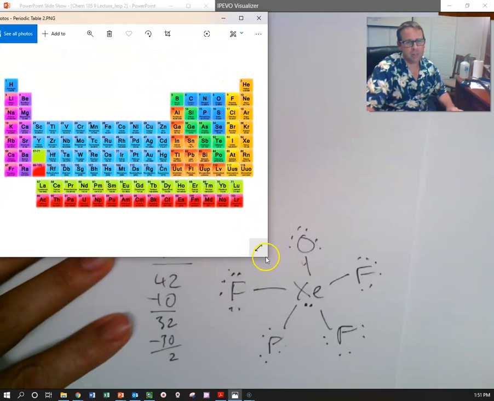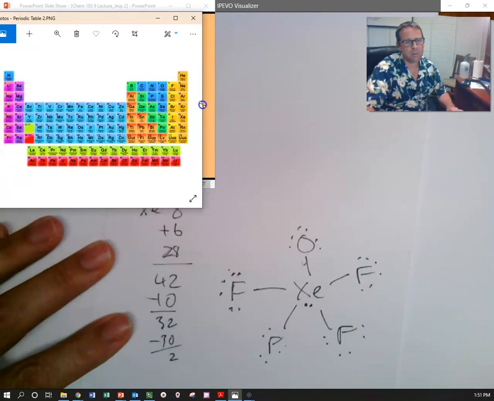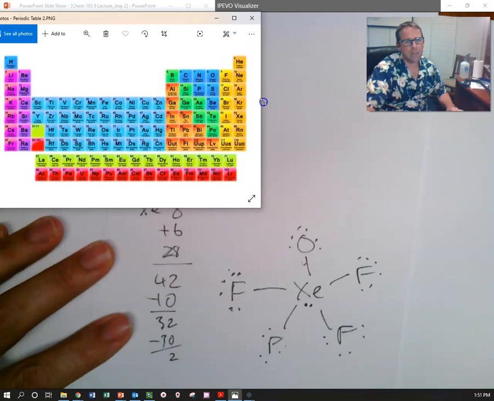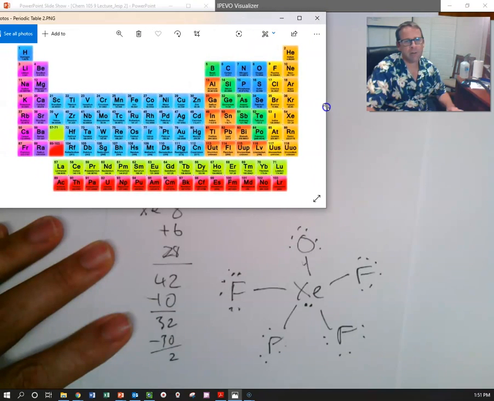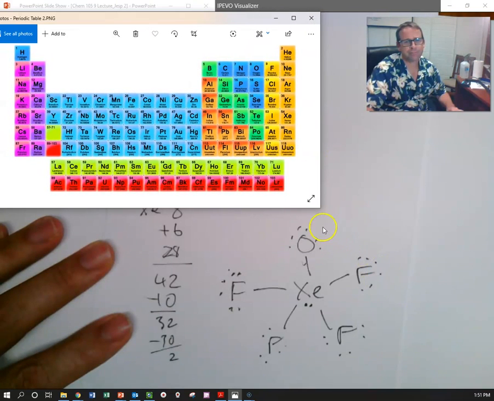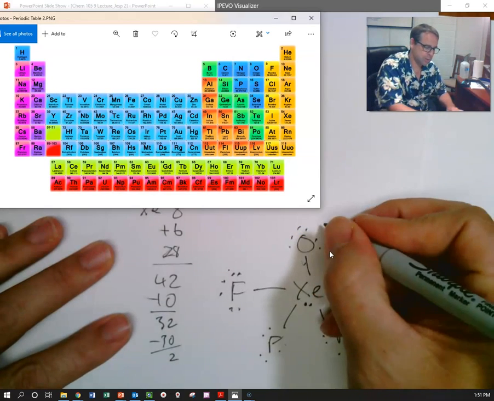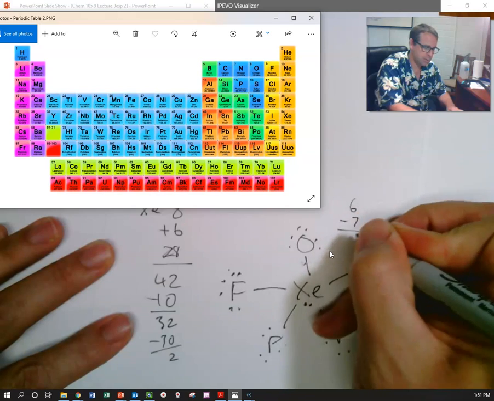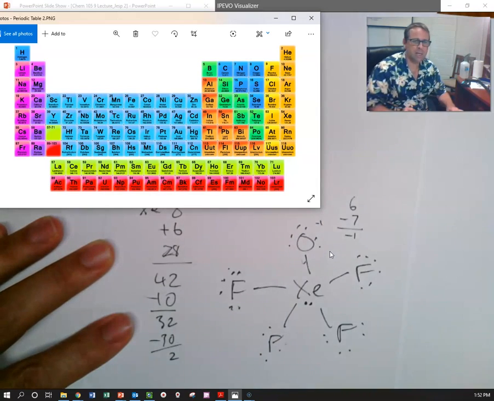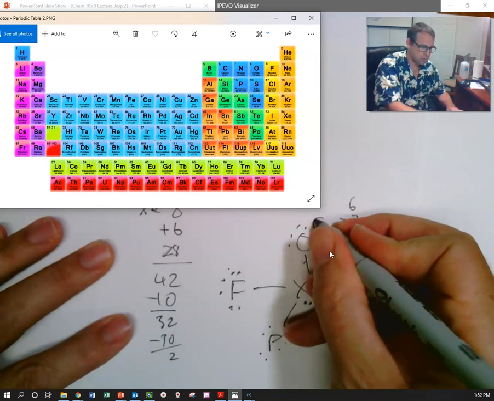It brought 6 to the party, right? Because it's in the 6th column. Does that make sense? Okay, good. 1, 2, 3, 4, 5, 6. So it brought 6 to the party. And how many does it have right around it? 7. So it's going to have 6 minus the 7, -1. So right now it has a -1 formal charge around that oxygen.